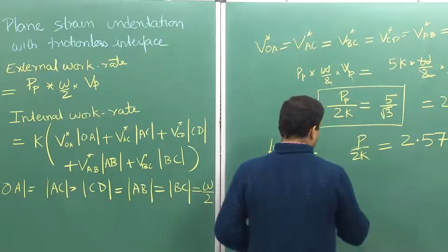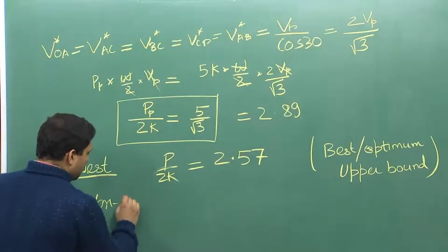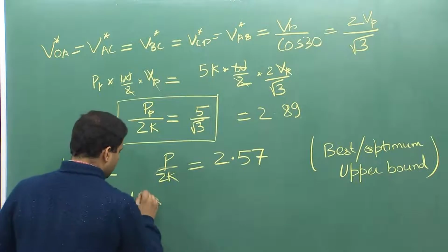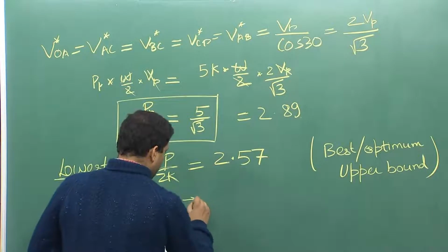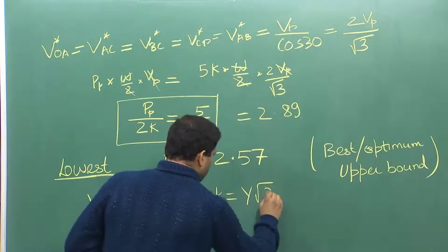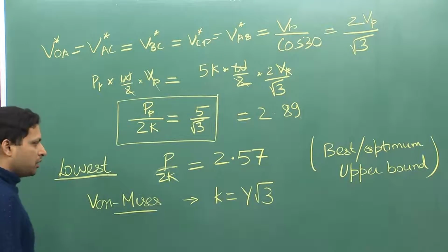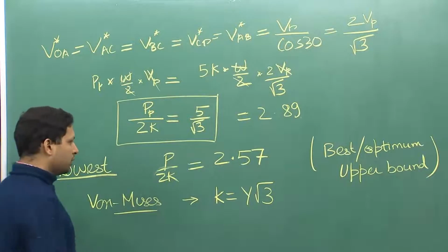Let us see how. What we will do here is use the von Mises criterion and invoke K equal to Y over root 3. Remember, this is something that we did at the very beginning of this course.